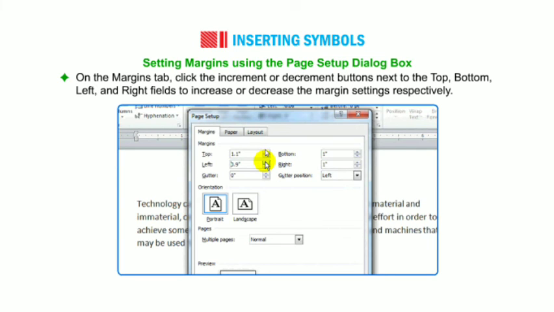When you click on the up arrow, the value will be increased. When you click on the down arrow, the value will be decreased. Similarly, you can change all the values in the text boxes for top, bottom, right, left, gutter, and the other positions also.